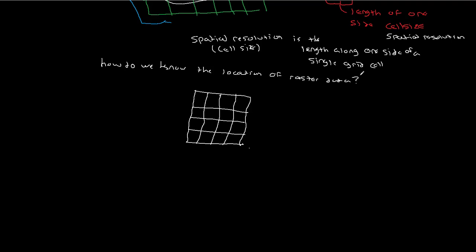That's the question we're trying to answer. What we do is we apply coordinates on the 4 corners. So here, here, here, and here. So this is going to be an X and a Y, an X and a Y, an X and a Y, and an X and a Y. So rather than knowing the coordinates of anything inside of the raster, all we keep track of are the locations of the four corners.